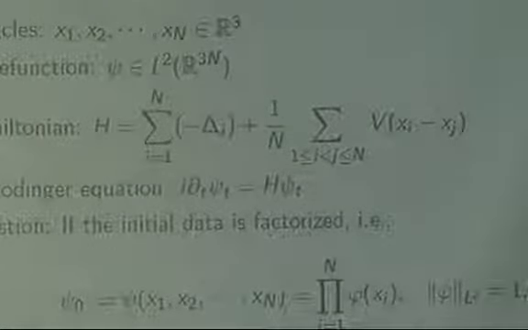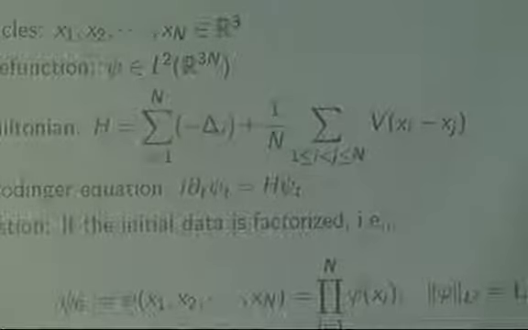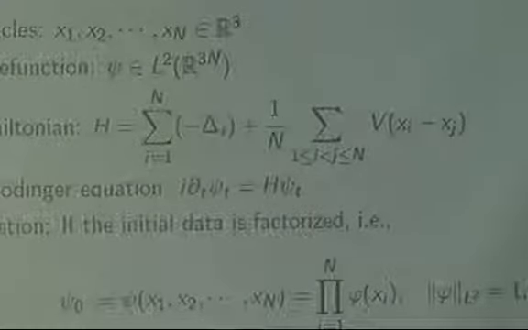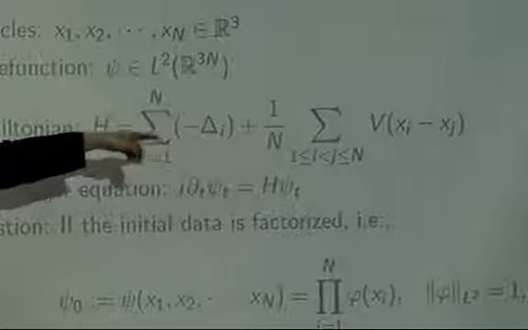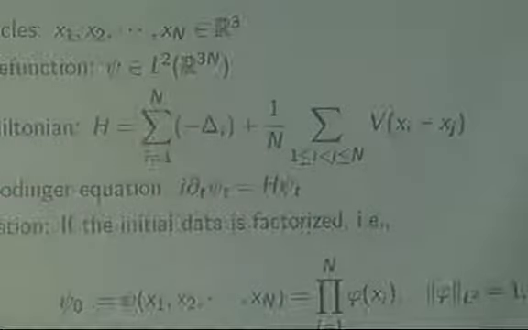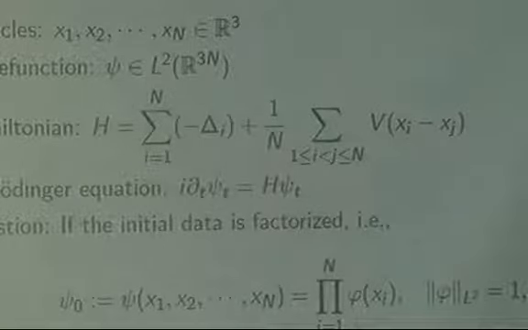Basically we want to take an average over the n particles. The interaction, or the potential, is described only by the potential V of xi minus xj. In many cases, we assume more: it only depends on the distance between two particles xi and xj in R3, so you can put an absolute value on xi minus xj.